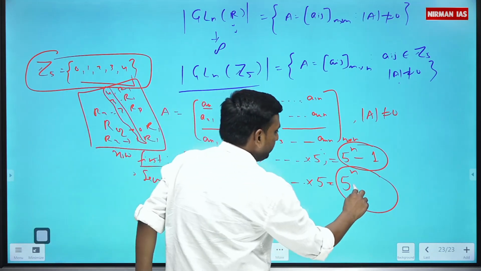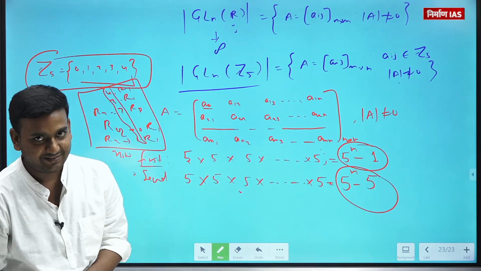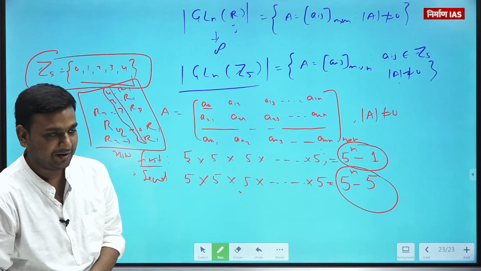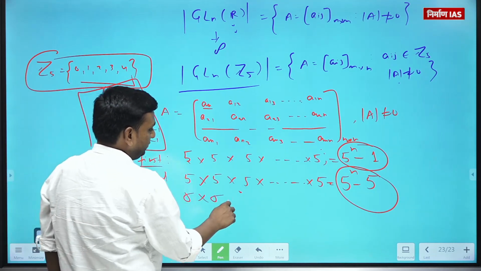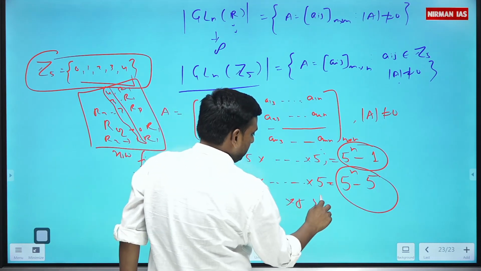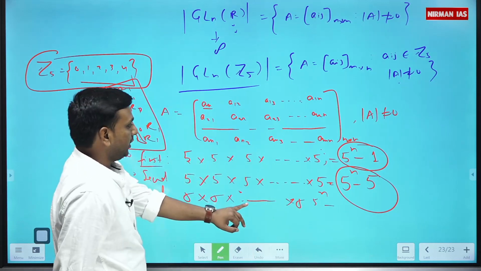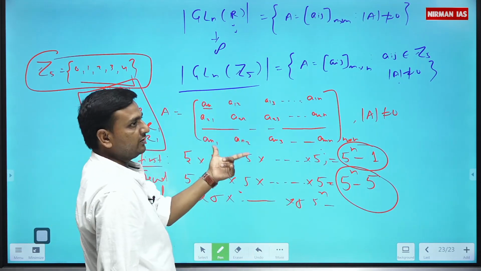So we have to remove those 5 possibilities. Am I clear to you all? In the same fashion, for the third row, total choices are 5 raised to the power n, but if the third row becomes a multiple of these two rows, the determinant will be 0.